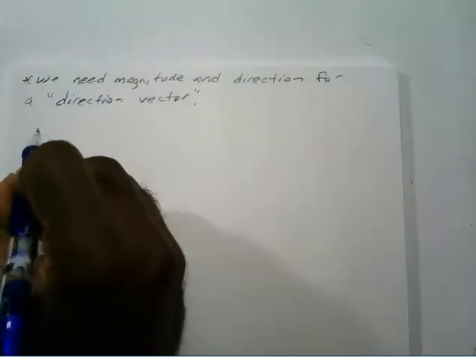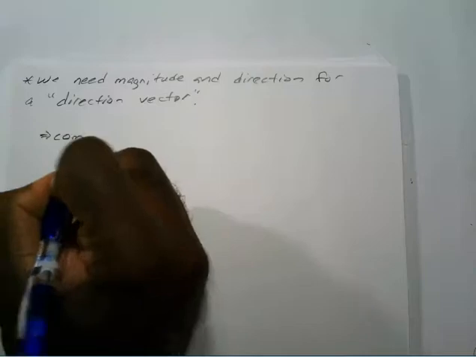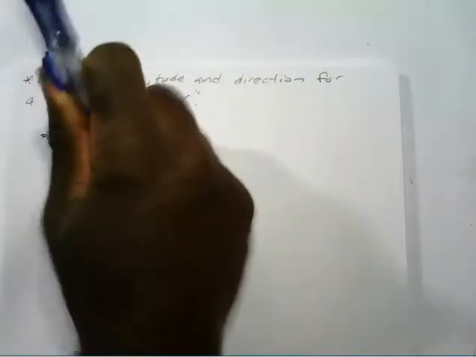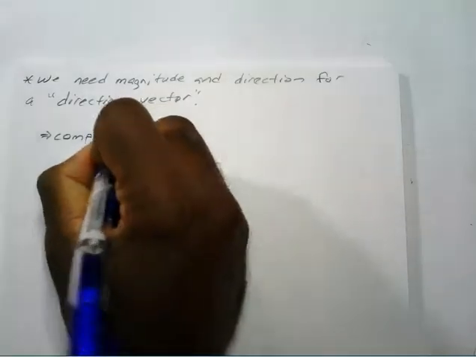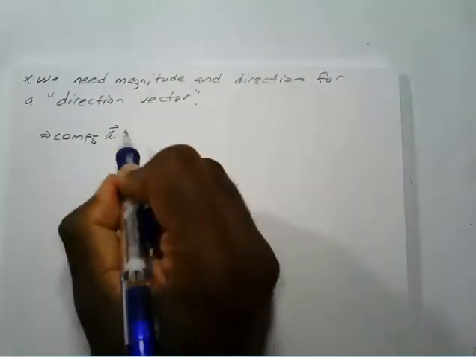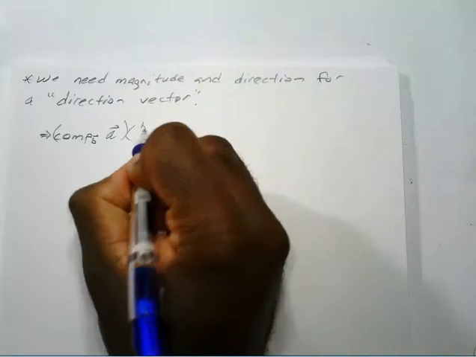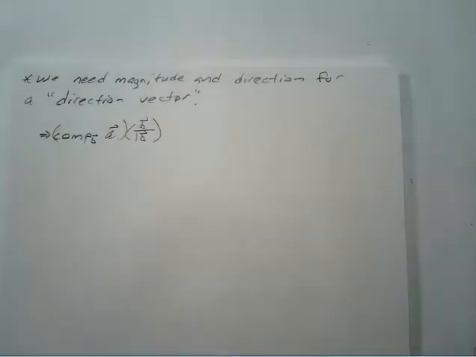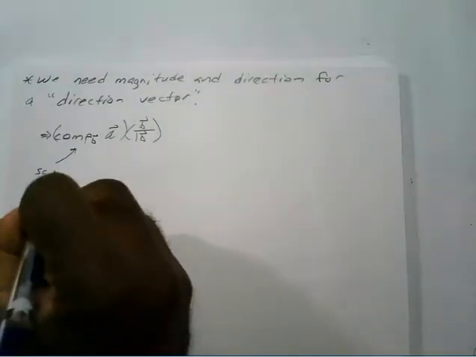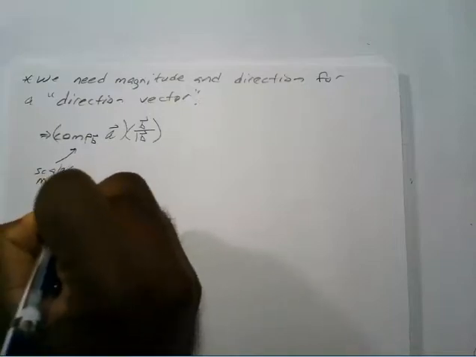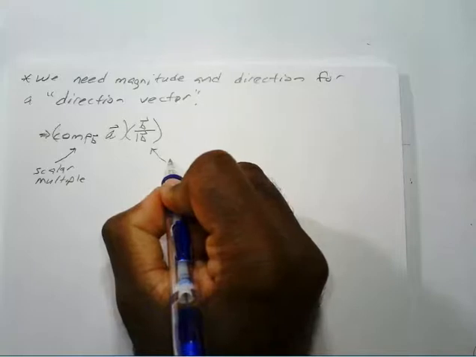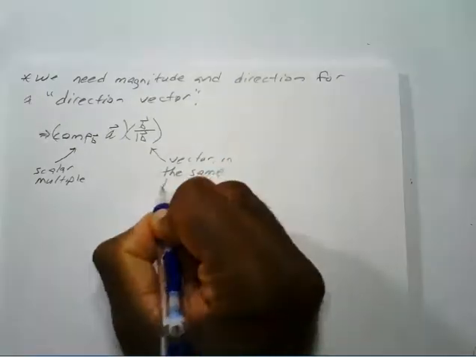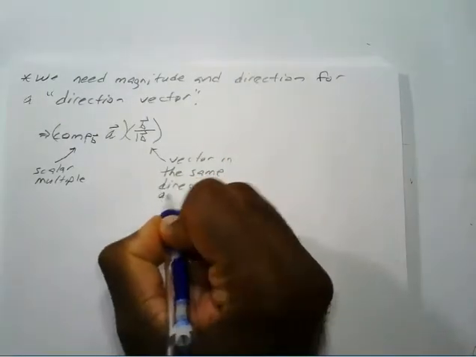So if you remember, you have the scalar component of A onto B times a unit vector, or vector in the same direction as B. So here you have your scalar multiple, times a vector in the same direction as vector B.